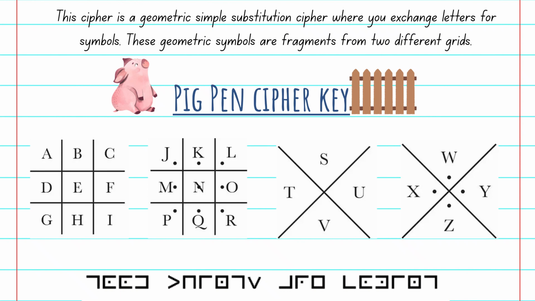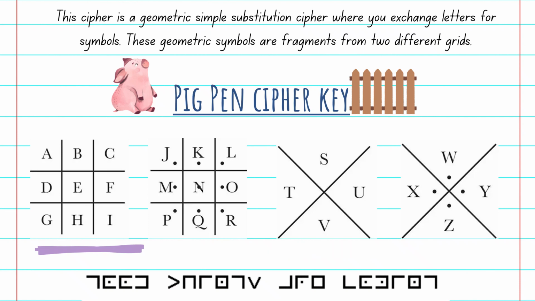These geometric symbols are fragments from two different grids. These two grids, as you can see on the key, one of them being a tic-tac-toe grid, which most of us are familiar with, and the other one is an X grid.